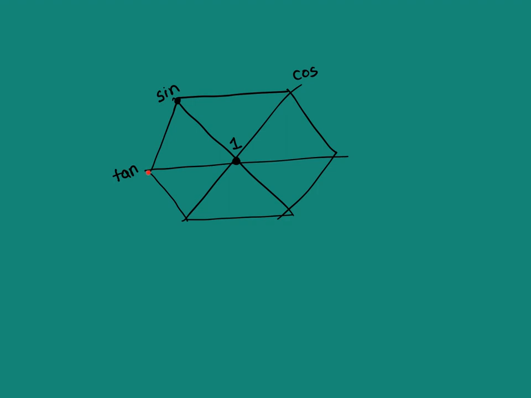If we have tan here, opposite to this diagonal would be cot. So let's just write those down. So this will be sec, and this will be cot, and this will be cosec. So another way you can remember is that on the right hand side all of these basically start with C. So you can also remember it like that.